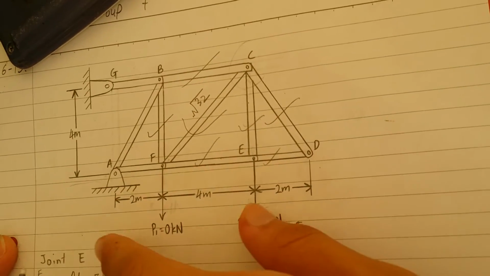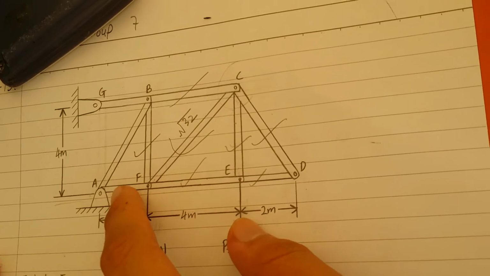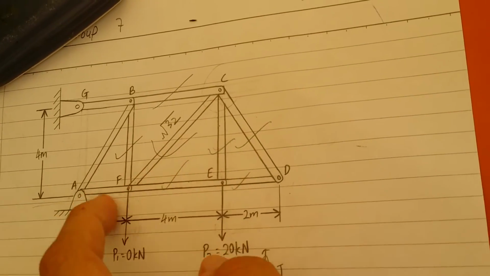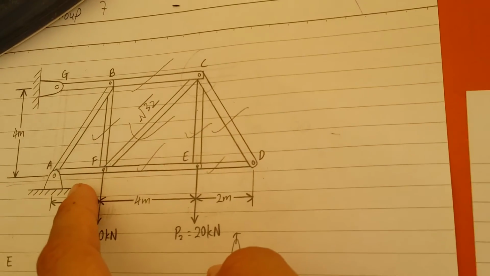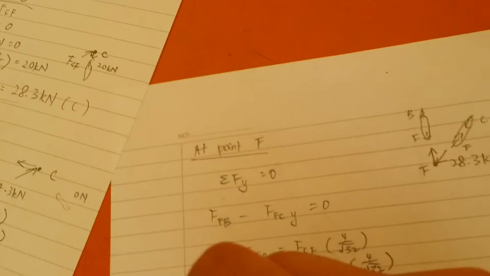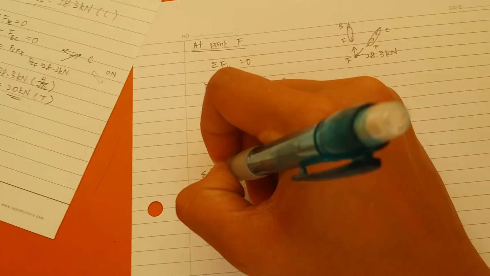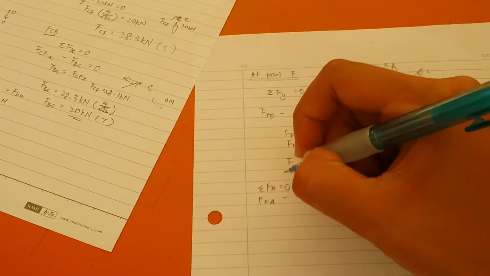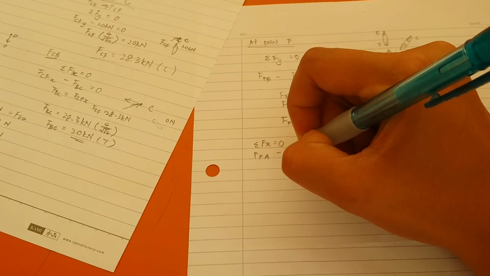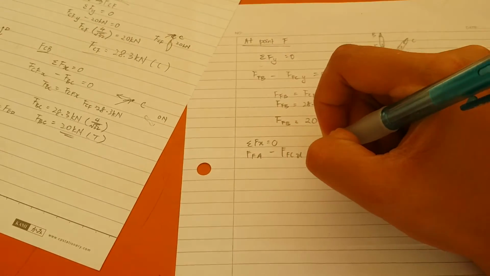Okay. So now maybe we can take the x component of point F to find force AF. At point F, you take the x component, because this is known. So FFA minus FFCx equals 0.